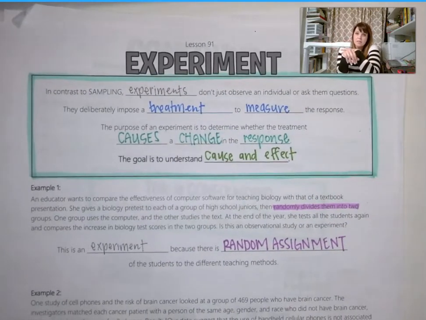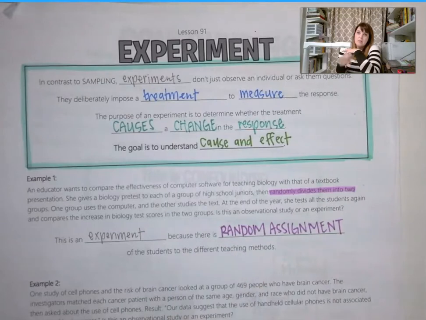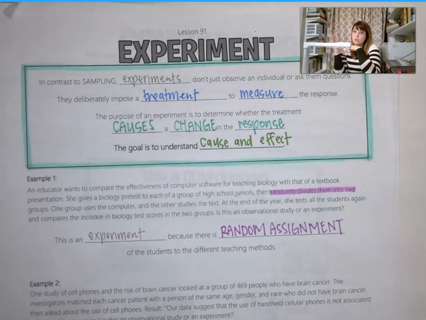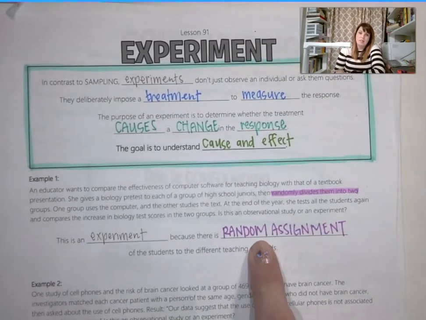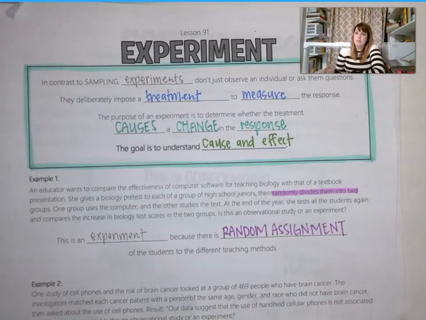Whereas an experiment has random assignment, meaning you randomly assign individuals to a treatment group. The difference between random selection and random assignment allows us to show causation. So if we randomly assign a treatment, we can show causation.